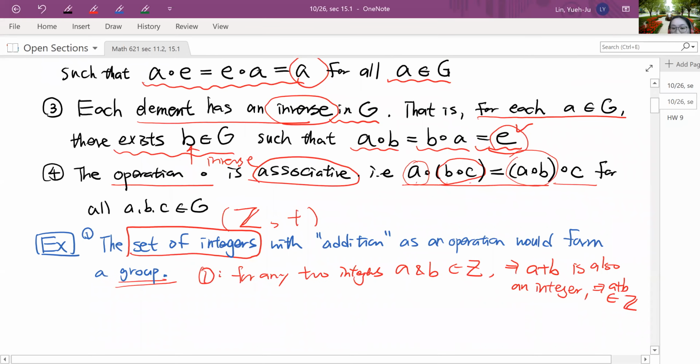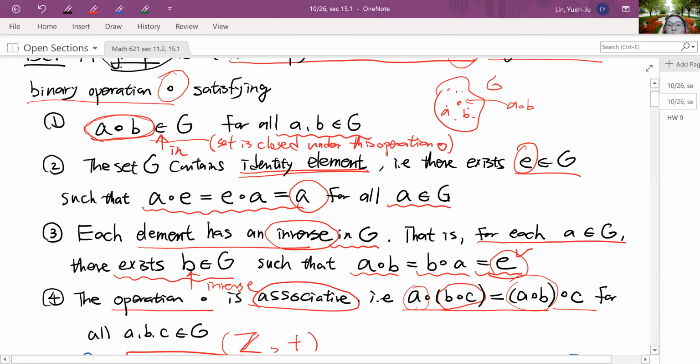So that's why the first criterion is okay. For any two integers from the set, after you do the operation, the result will still lie in the set because the new thing is still an integer. Integer plus integer is still an integer, okay? And be careful, integers can be negative, right?